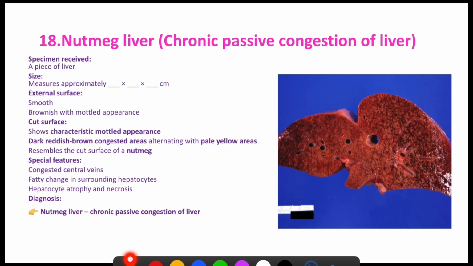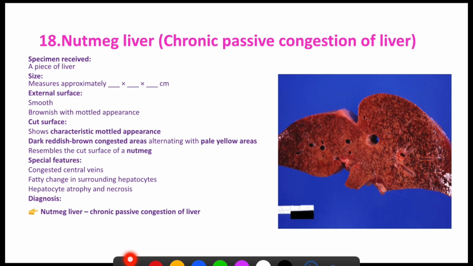Another specimen is an example of chronic passive congestion, the nutmeg liver. Here you can see, as the standard approach, that this is a piece of liver measuring this by this centimeter, external surface smooth, cut surface mottled, having a characteristic mottled appearance.